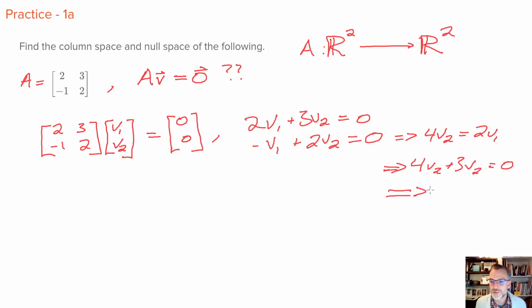Unsurprisingly, this means that V2 has to equal 0. Now, if I substitute V2 equals 0 into here, for example, then I get V1 equals 0 as well. So the only vector that gets mapped to the zero vector is the zero vector. So that's going to be the null space of this matrix. It's simply just the zero vector. No other non-zero vectors get mapped to the zero vector.